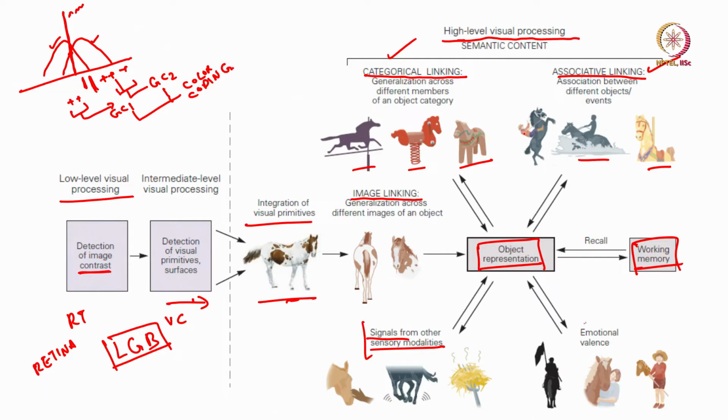and then there is emotional valence. You may have an emotional history which you attribute, so an emotional label also gets attached.